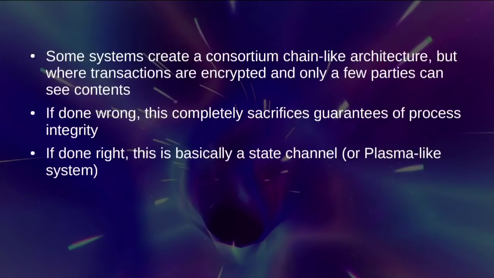So there are systems where you create a kind of consortium chain-like architecture where you go down to 10 to 50 nodes, but then transactions are encrypted, and for each individual transaction, only a few people see the decryption key.